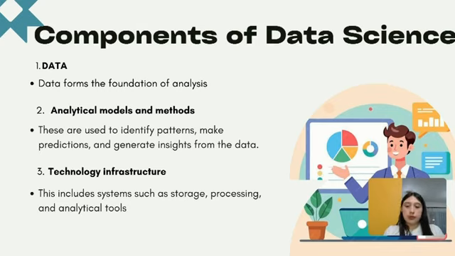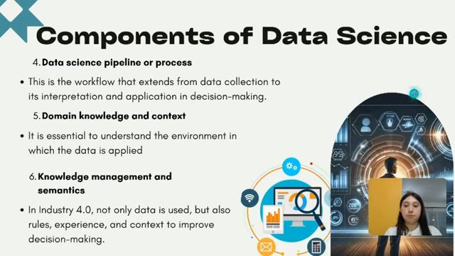These are used to identify patterns, make predictions, and generate insight from this data. The third one is the technology infrastructure. It includes systems such as storage, processing, and analytical tools. This is necessary to handle large volumes of data.